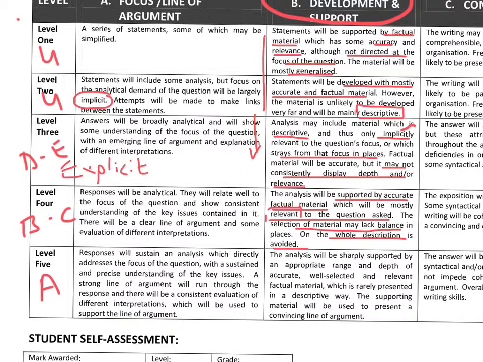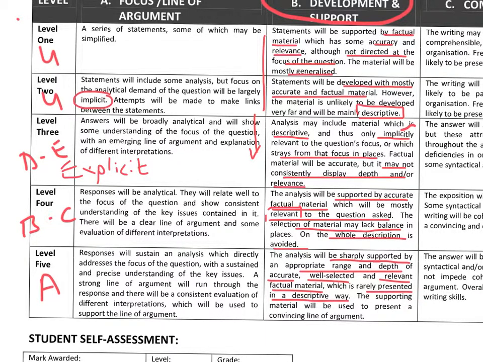Now, moving into level 5, it's really more of the same but sharper. The analysis will be sharply supported by an appropriate range and depth of accurate material. So very much like level 4, well selected, relevant, factual material, rarely presented in a descriptive way.